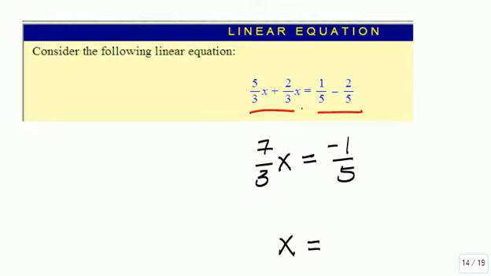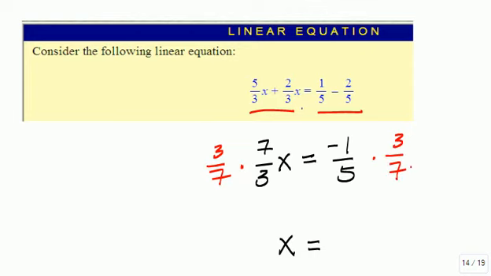But recall from the previous video, there's a shortcut. When you're dividing by a fraction, you can also just multiply times the reciprocal. And what's the reciprocal of 7/3? 3/7. And if we do it on the left, we do it on the right.